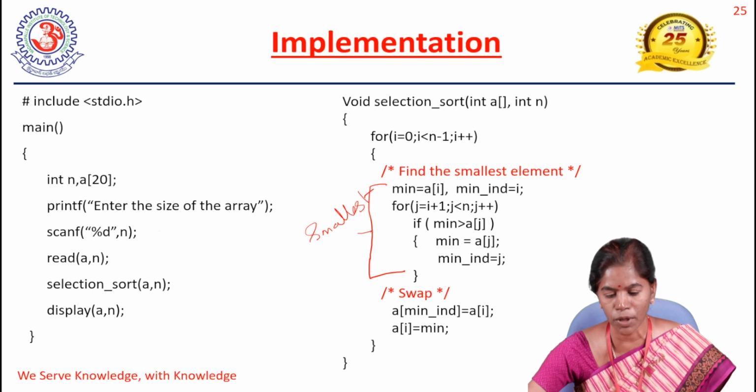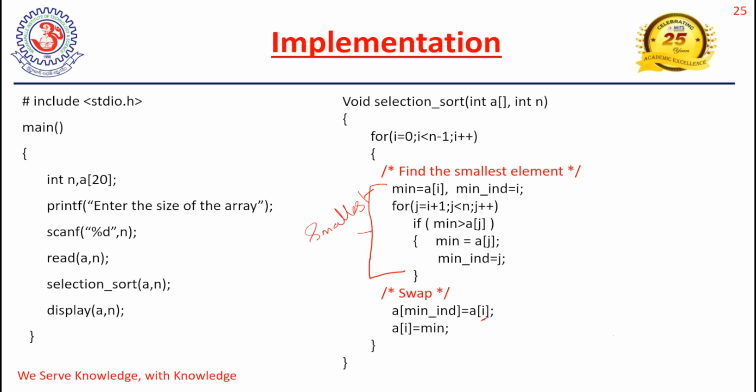The first element of the unsorted list is at location i. Actually, i refers to the first element of the unsorted portion. Once we find the smallest element, we swap it with the first element. So this is what is done here in the swap.